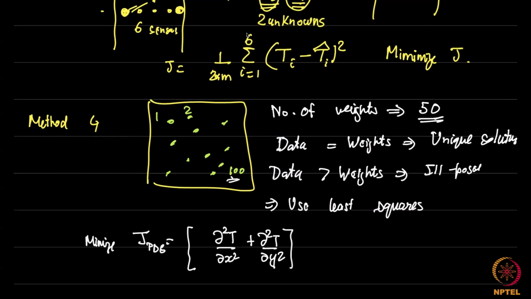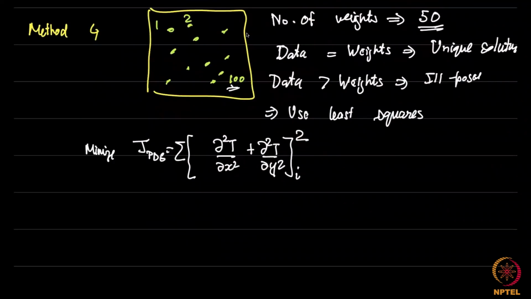Instead of being 0, I will minimize the square of this summed over all the individual points. This is a very, very simple idea. So J_PDE simply minimizes the sum of these squares over however many points this is. So this is 100. Then basically we get optimal W's.